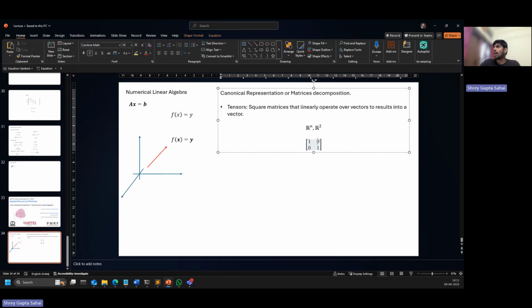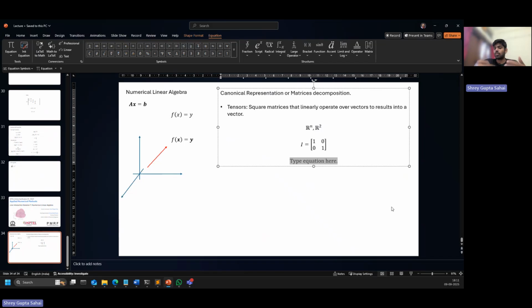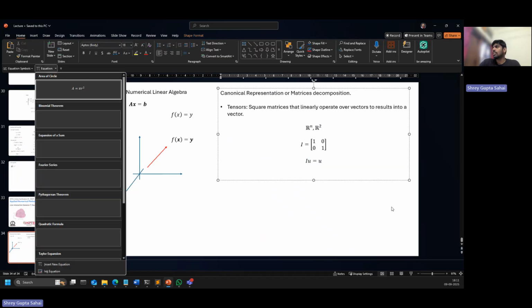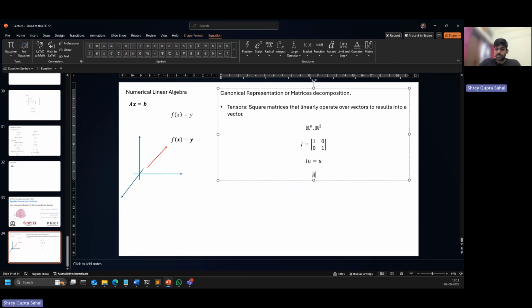What that does is a linear map that transforms a vector to its own self. So it does not do anything, so IU is just U. This means you are multiplying I with U to get another vector. In general, a tensor is written in that sort: S U gives me V.